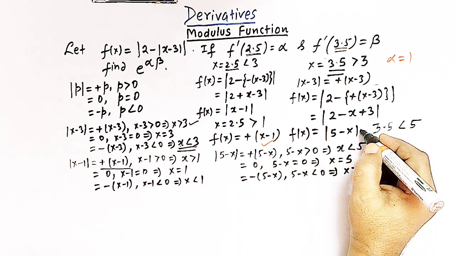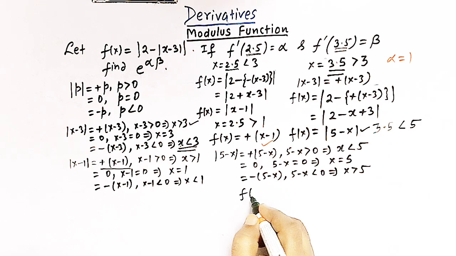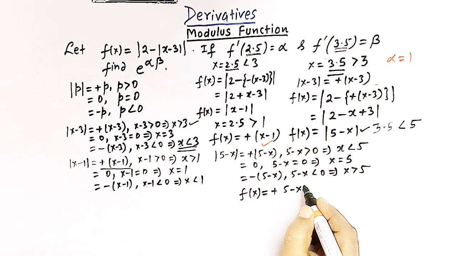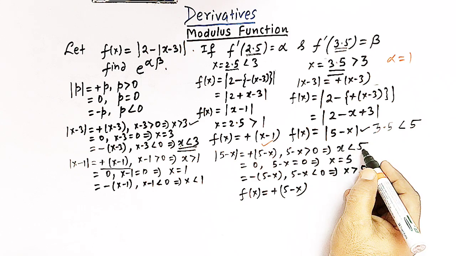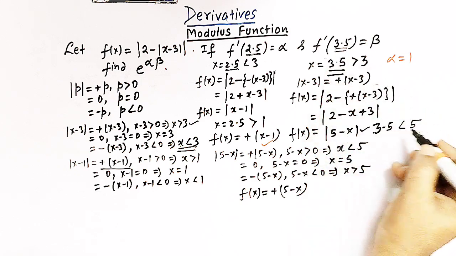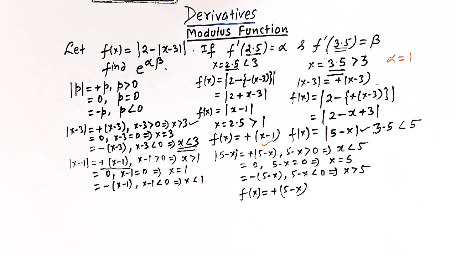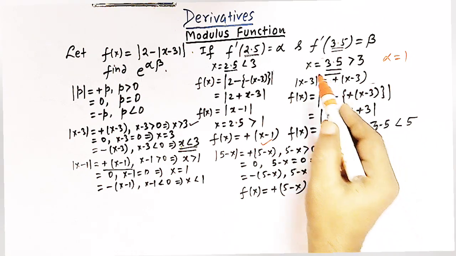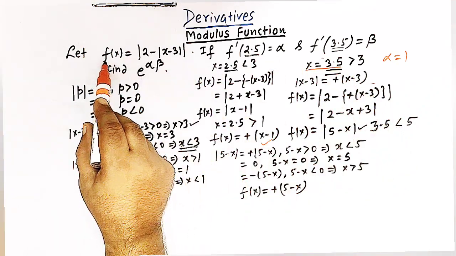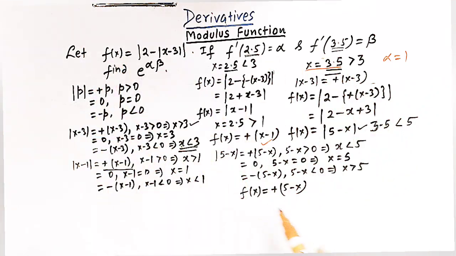So now this function f of x can be written as positive 5 minus x when x is less than 5, and x is 3.5, and 3.5 is less than 5. So in the neighborhood of x is equal to 3.5, the modified form of f of x is given by 5 minus x, and this is again a linear function, right?